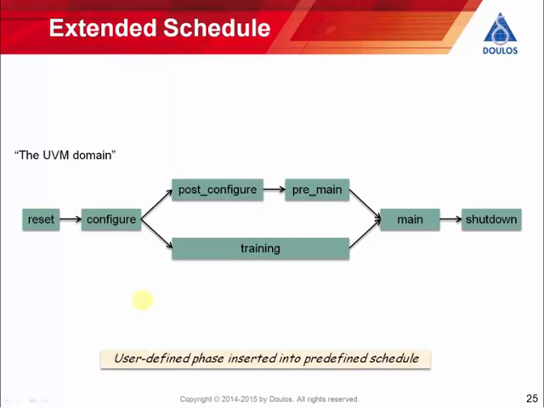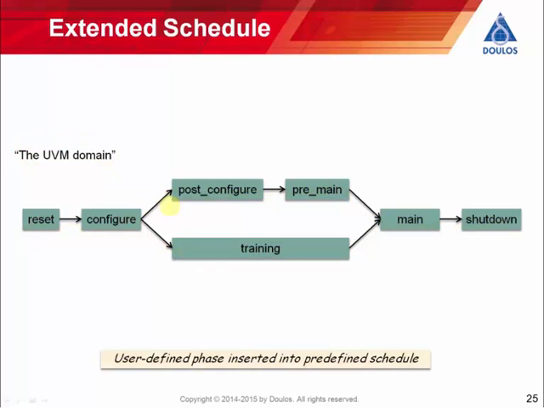So now, what does our schedule look like? So here we see a graph, a diagram of the UVM domain, the built-in domain. So here we have the original UVM runtime phases, or some of them. We've only shown a couple of the pre and post phases. And here we've inserted the training phase into this graph, after the configure phase and before the main phase.